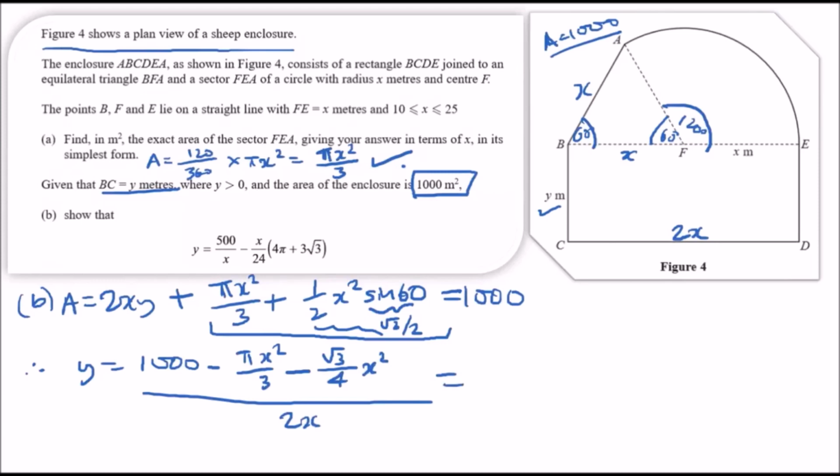Simplifying each term, 1,000 over 2x is 500 over x, minus pi x squared over 6x, where the x cancels, so we're left with pi x over 6, minus, again the same thing, we cancel one x, root 3 x over 8.